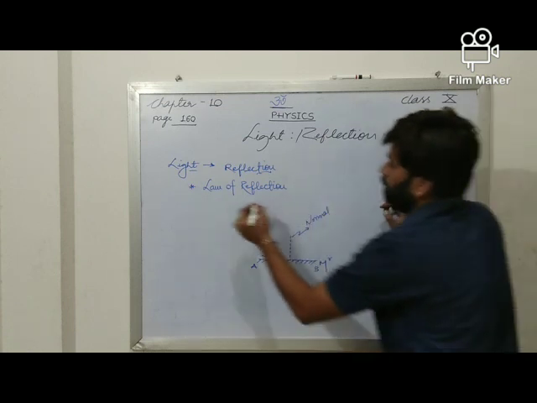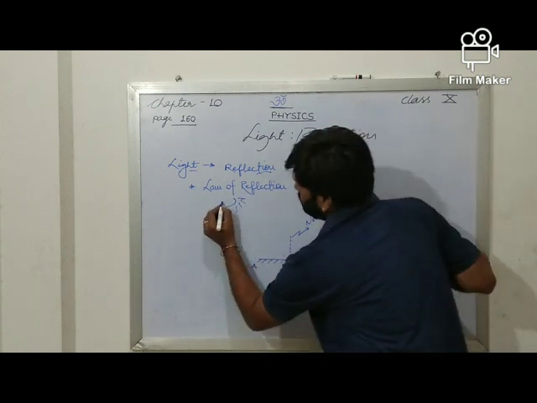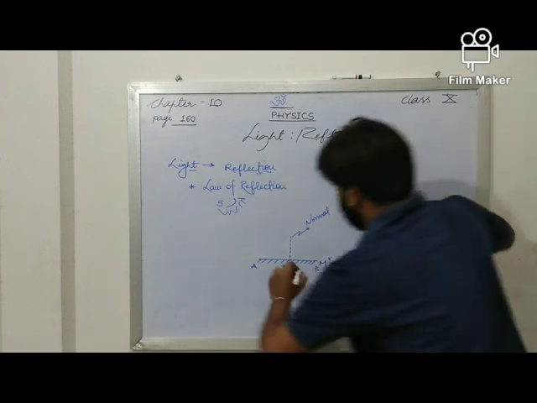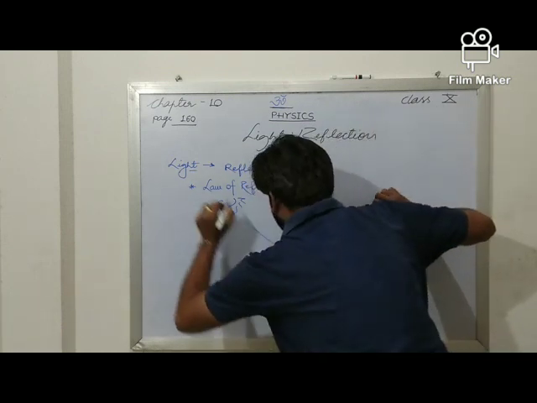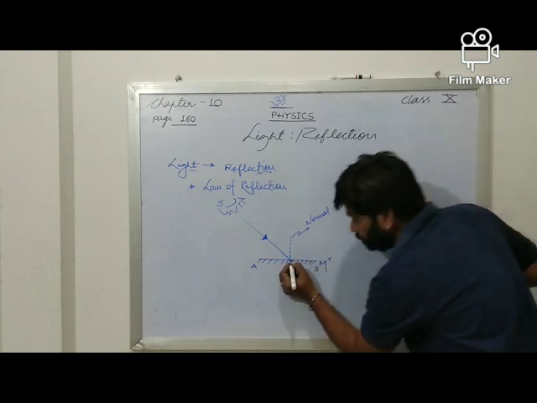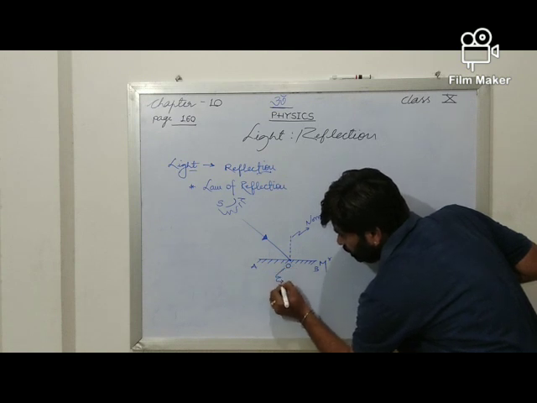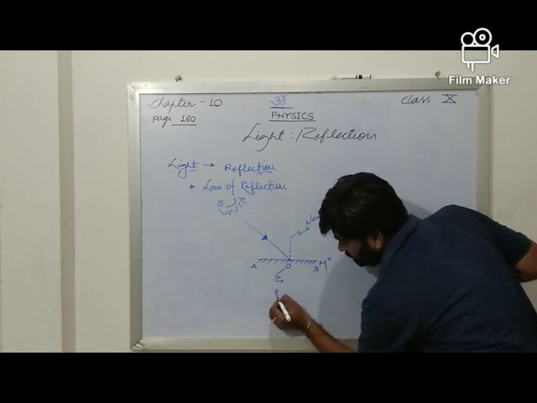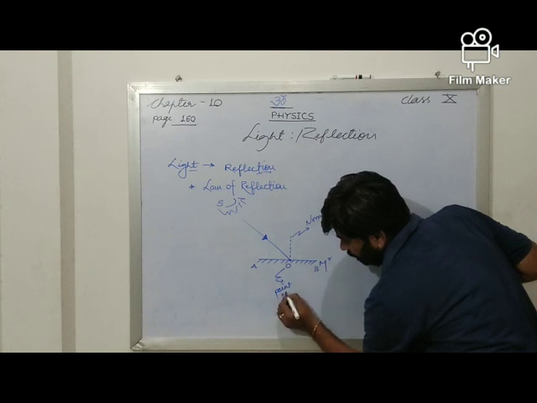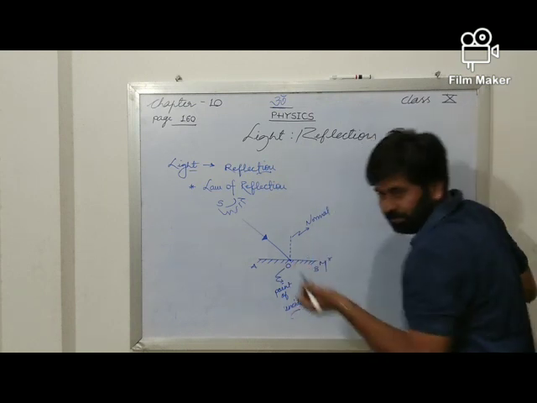Now suppose the source of light is here, this is the source of light S. A ray is coming from this source of light, the arrow is like this. When this light is incident over this mirror, we get a particular point, say this point is O, which will be known as the point of incidence. Now it will be reflected back.